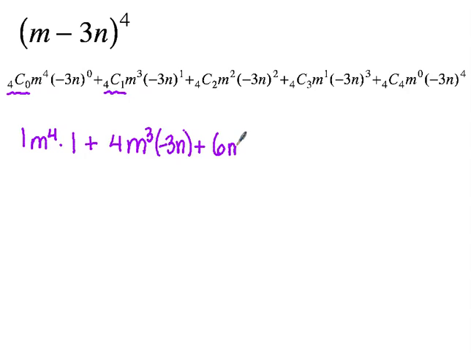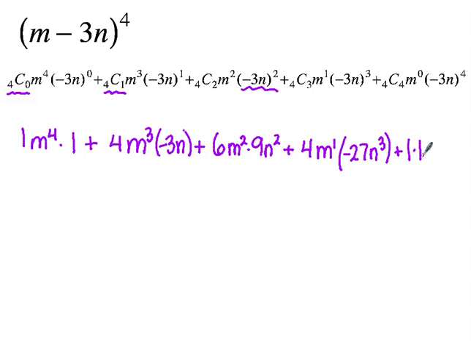So I have 6m squared times, this is going to give me 9n squared. 4 choose 3. m to the first, and then this one will give me negative 27n cubed. And what's my last statement going to be? 4 choose 4 is 1. What's negative 3 to the 4th? 81. And then n to the 4th.